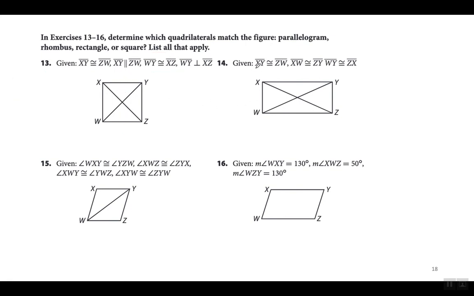All right, so in number 14, given that segment XY is congruent to ZW, and XW is congruent to ZY, and WY is congruent to ZX. All right, so the diagonals are congruent.